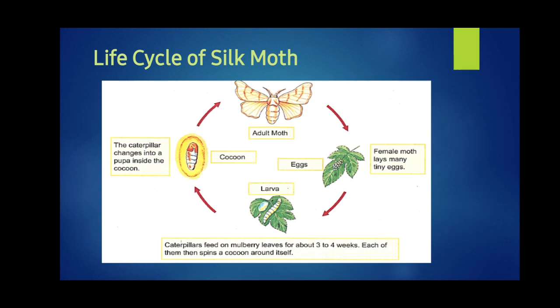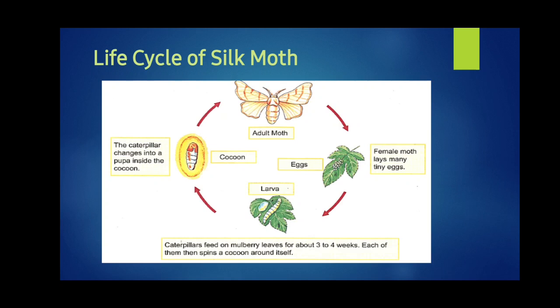An adult moth lays hundreds of eggs on the mulberry leaves. From there, a larva will come out. Larva, caterpillar or silkworm, everything is the same. And the caterpillar then moves into the next stage of pupa.